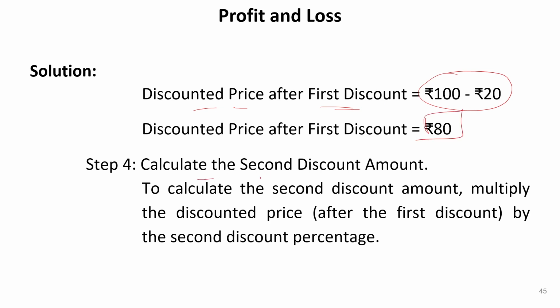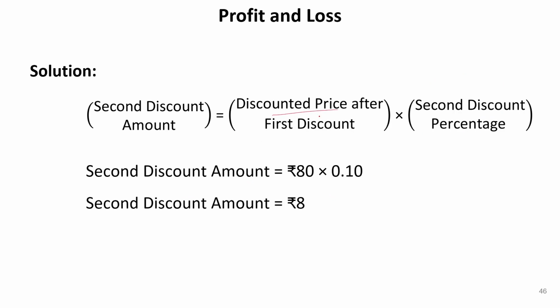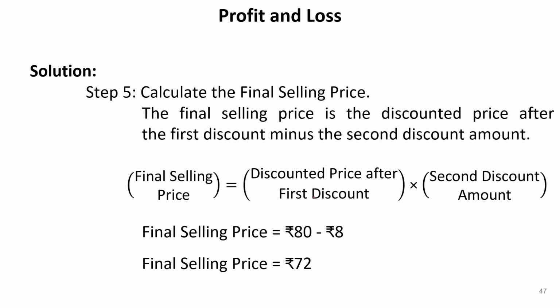To calculate the second discount amount, we multiply the discounted price after the first discount into the second discount percentage. So it is equal to 80 into 0.1 is equal to 8 rupees. So the second discount amount will be 8 rupees. Okay, so the final selling price will be 80 minus 8 is equal to 72. So at 72 rupees it was sold.